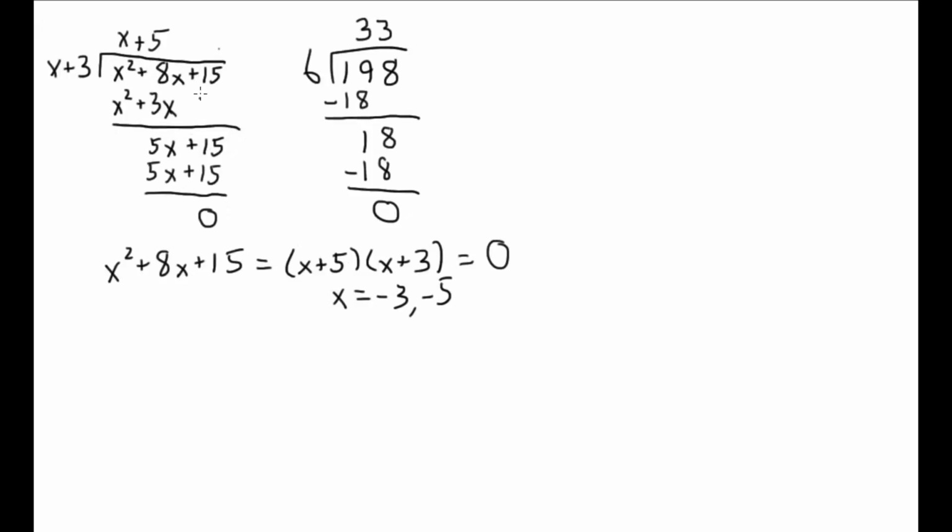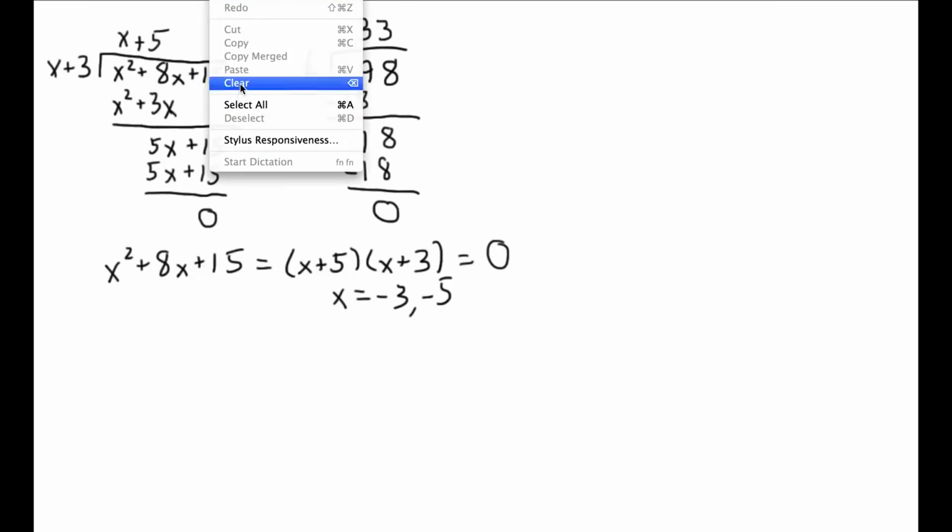So what we're basically given here is x squared plus 8x plus 15 equals 0. One of the roots is -3, so find the other root, and it's -5. So polynomial long division is yet another way to find roots of a quadratic. So let's do it in that exact way.